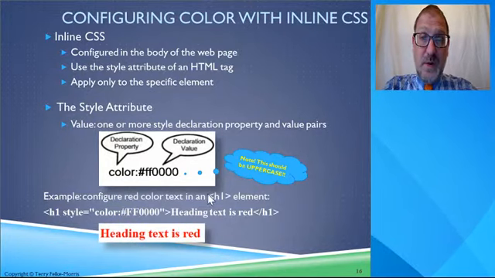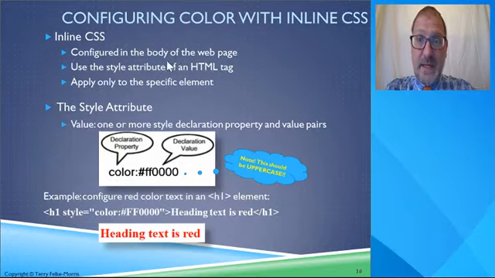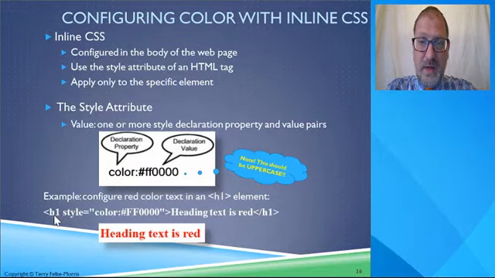Anyway, so when you do color with CSS, if I'm doing it, let's just talk inline for the moment, I could specify an H1 heading 1 and say the color is FF0000.